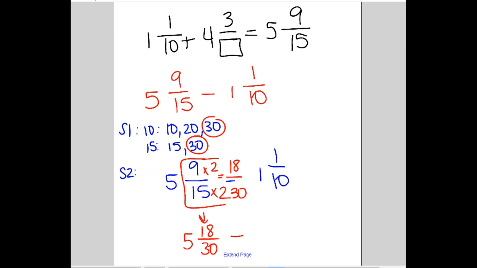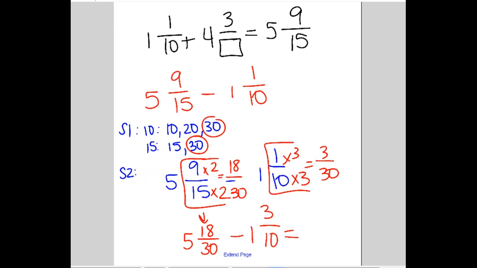We're still subtracting, and let's look at our 1/10. 10 times what gives me 30? 10 times 3 gives me 30. Whatever I do to the bottom, do to the top. So now this says 3 over 30. Okay, cool. So I have 1 and 3/30.